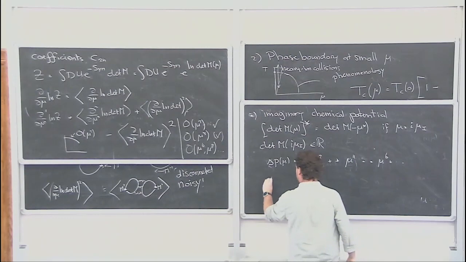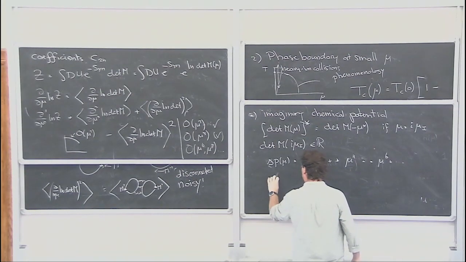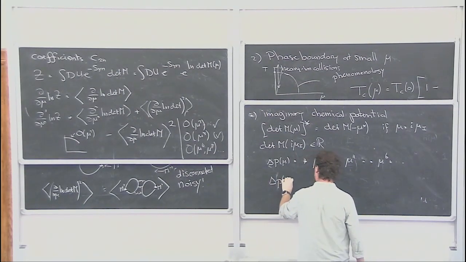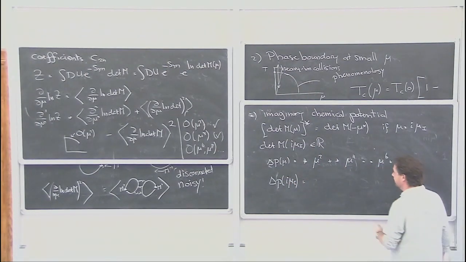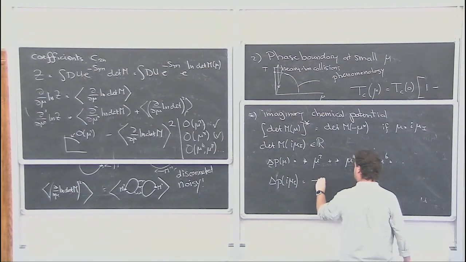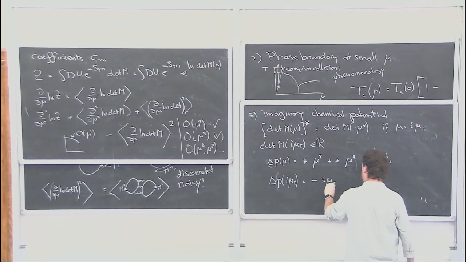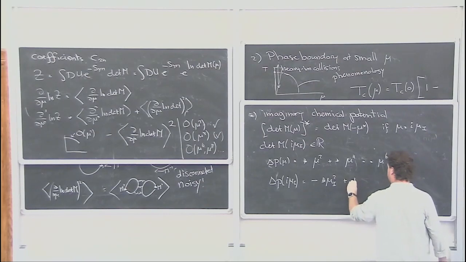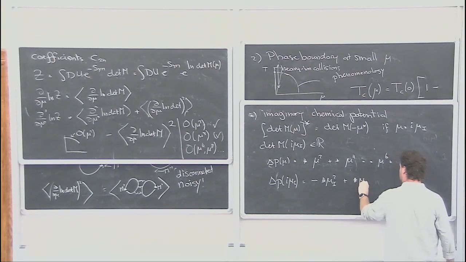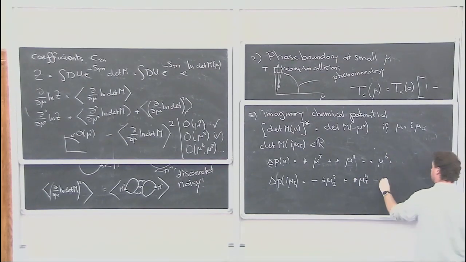And then, of course, when I do this, look at this expansion here: as i times mu, I get exactly a nice expansion again, but it will be minus (mu_I) squared, because I take it imaginary, so I get a minus sign, plus (mu_I) to the 4, minus some number times (mu_I) to the 6, plus higher order.